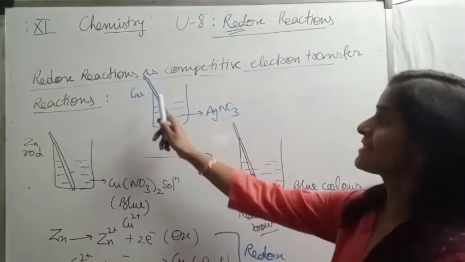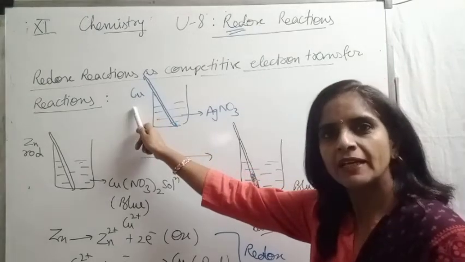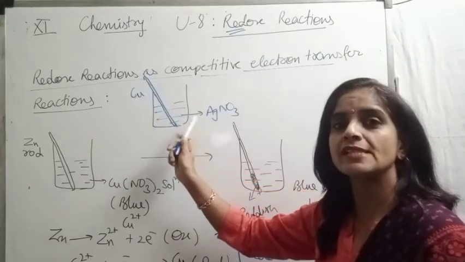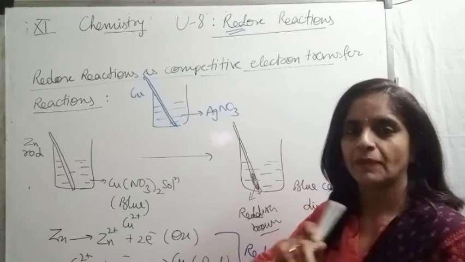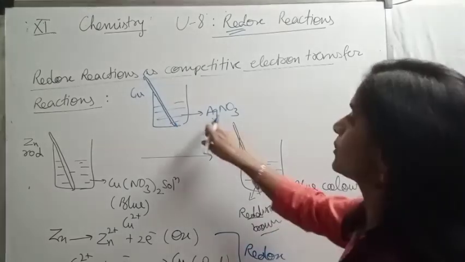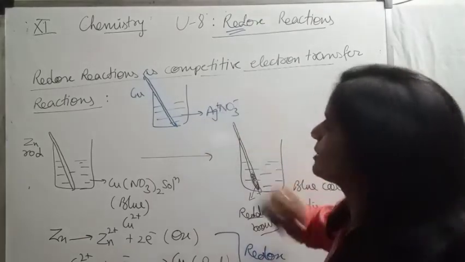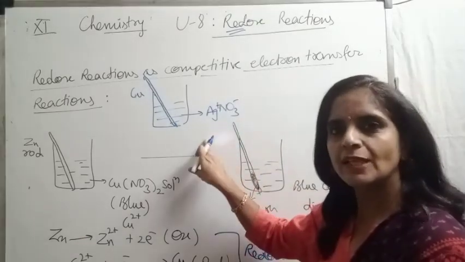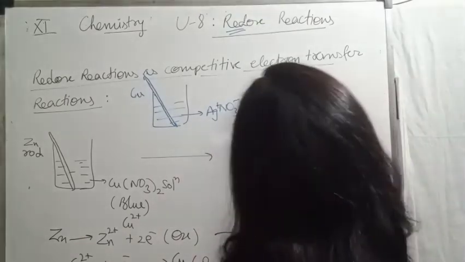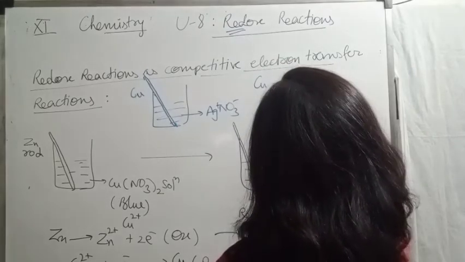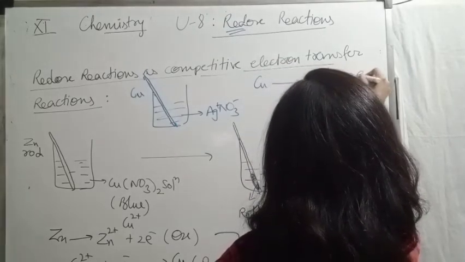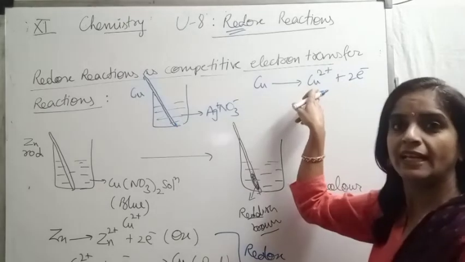Slowly you will find that blue color starts appearing. The reason: in this case, the copper rod is dipped into silver nitrate solution, so copper will lose electrons in the presence of silver ions. Here silver ions are present in the solution. In their presence, copper will lose electrons, and by losing electrons it is converted into cupric ions.